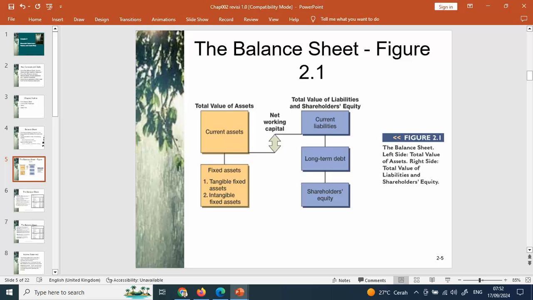It consists of tangible fixed asset and intangible fixed asset. Tangible: machineries, factories, you can touch. Intangible asset, you cannot touch. What are the intangible assets?